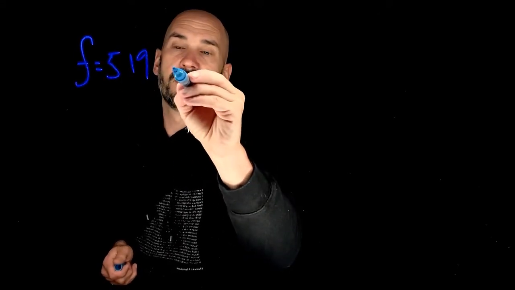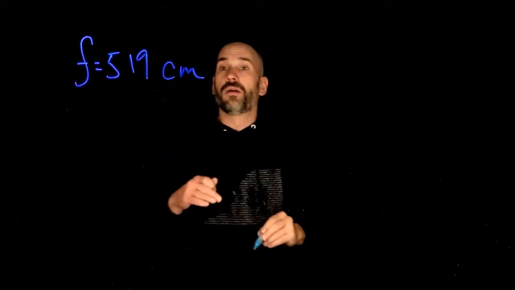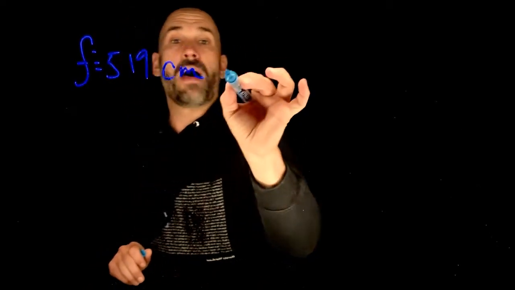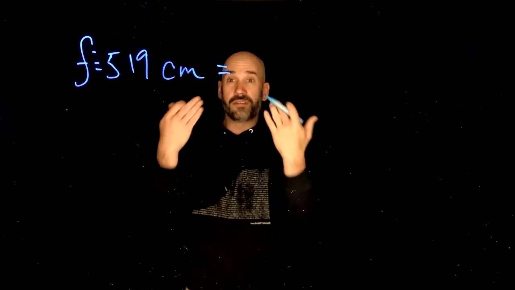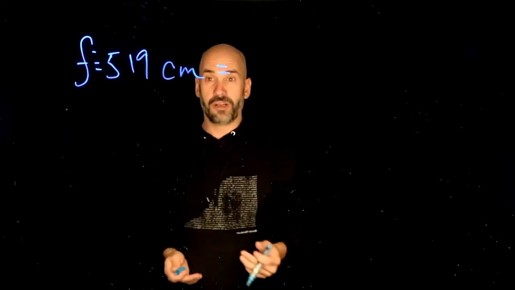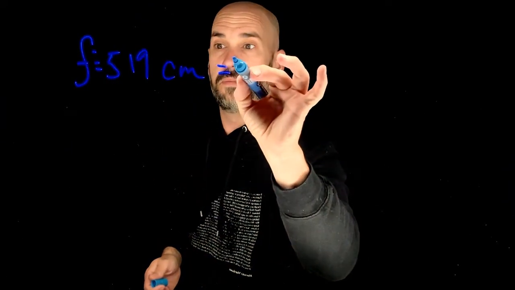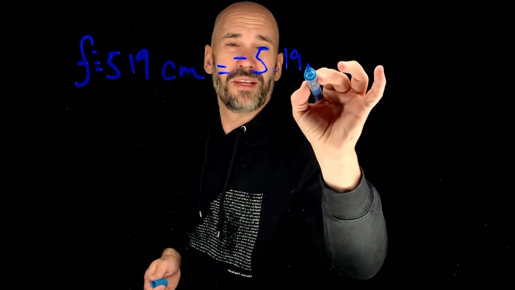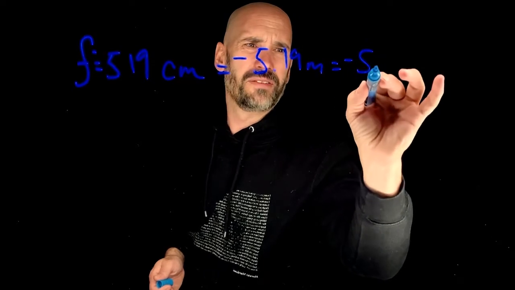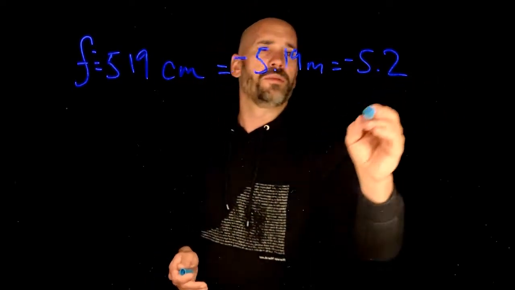Well, the focal length that we got in that example was negative 519 centimeters, right? But remember, when we are looking at diopters, when we're looking at refractive power, we really want this in meters. So we turn it into 5.19 meters. And let's just round it to make life easier. Okay, 5.2 meters.